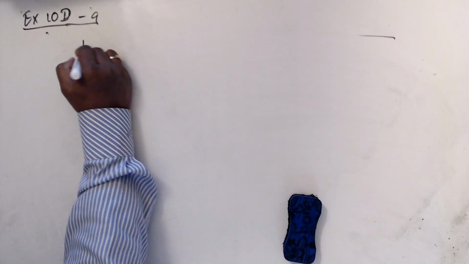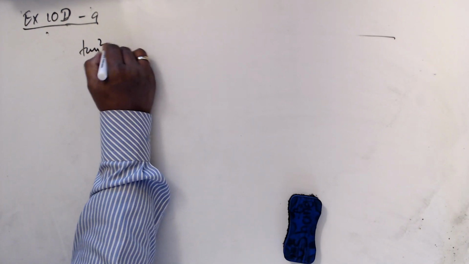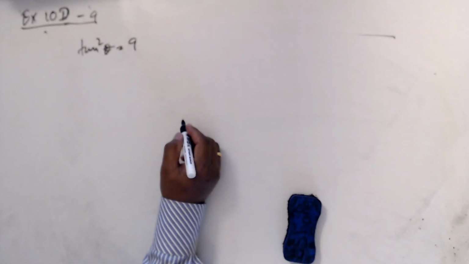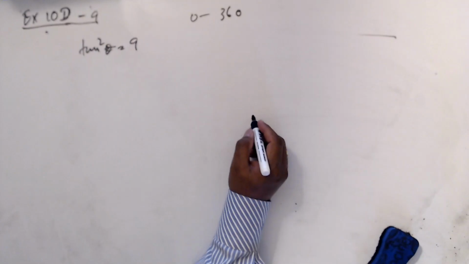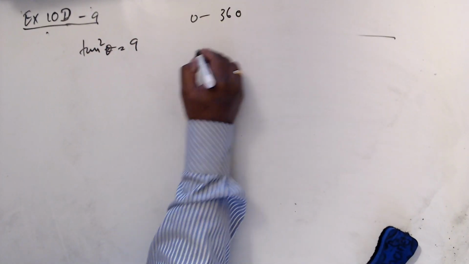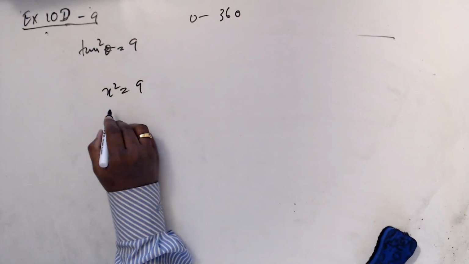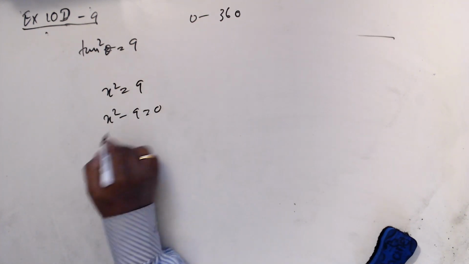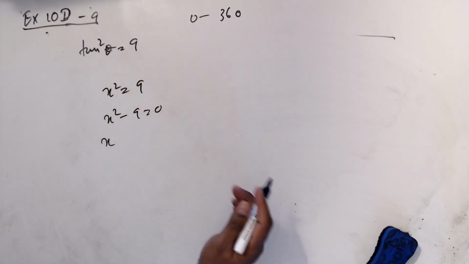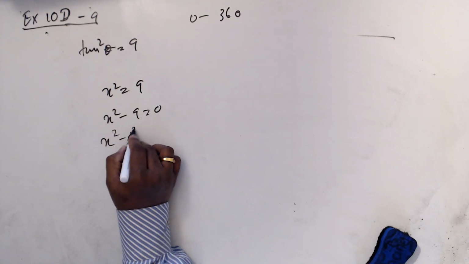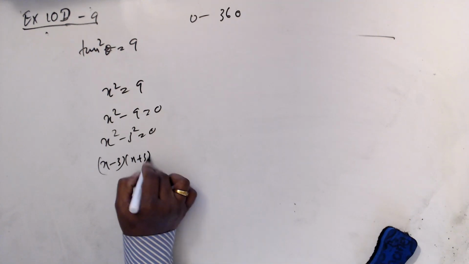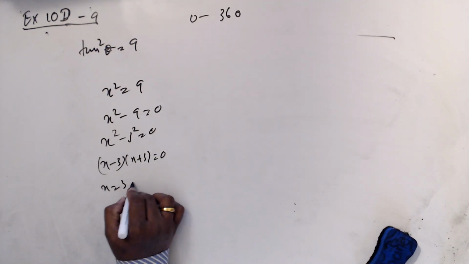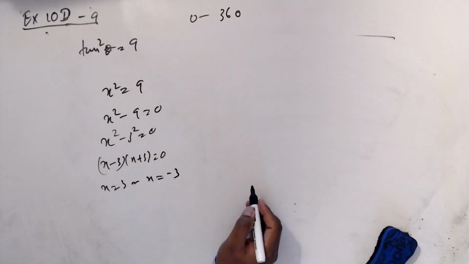And number 9, tan squared theta equals 9 and the range is 0 to 360. So this looks like x squared equals 9, x squared minus 9 equals 0, so x squared minus 3 squared, so x minus 3, x plus 3 equals 0, x equals 3 or x equals minus 3.